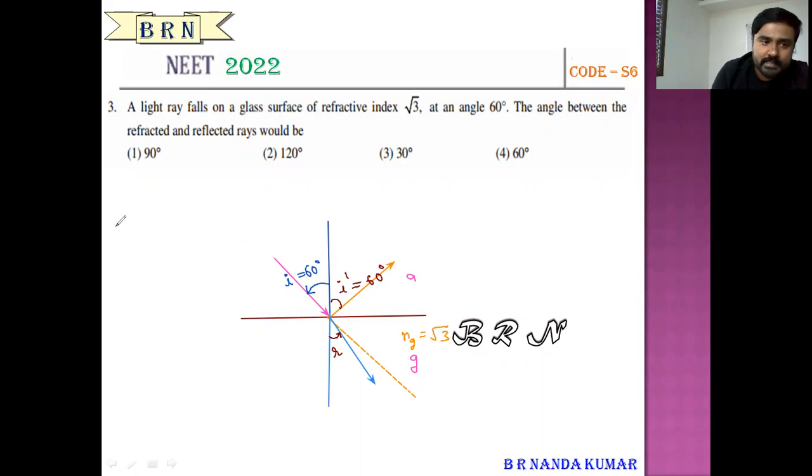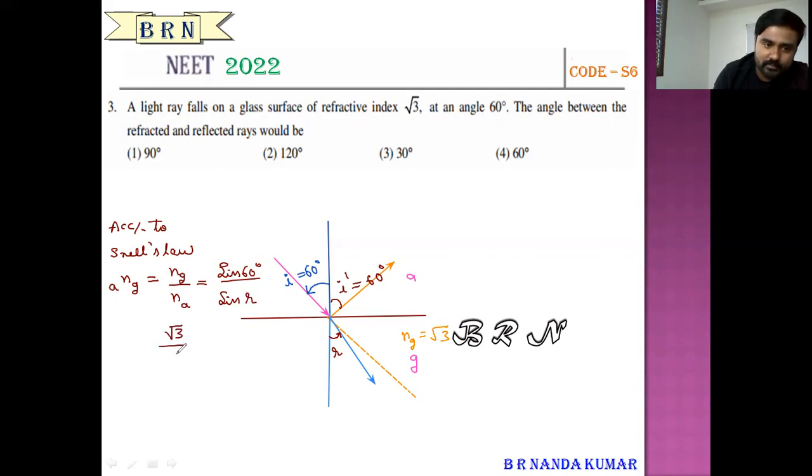So according to Snell's law, ನೋಡಿ, ray traveling from air medium to glass medium, ಅದನ್ನ ನಾವು A and G ಅಂತ ಮೆನ್ಷನ್ ಮಾಡ್ತೀವಿ. aμg is equal to ಏನು ಬರುತ್ತೆ, Ng by Na, ಸರಿನಾ? Ng by Na, so that is equal to the ratio of sine of angle of incidence, sine 60 degree, divided by sine of angle of refraction, that is sine R. So ಇಲ್ಲಿ Ng ಕೊಟ್ಟಿದ್ದಾರೆ, Ng is √3, so Na is 1.